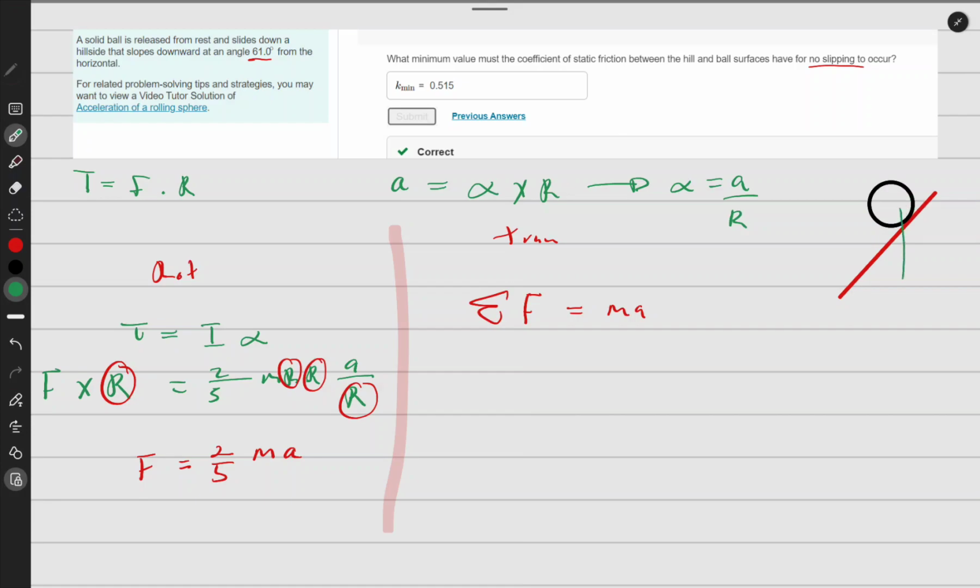The ball has weight going this way, has normal going this way, and weight has a component called weight parallel, and we also have the weight perpendicular. So these are all forces that are involved. Also there should be a friction moving up, because the wheel is set to go down the slope, and friction should oppose the motion.